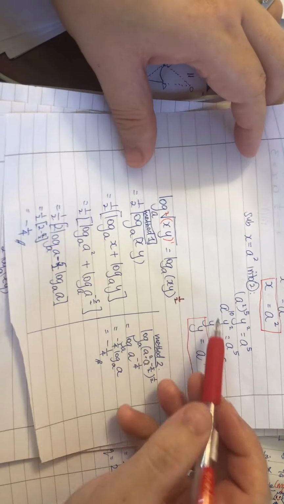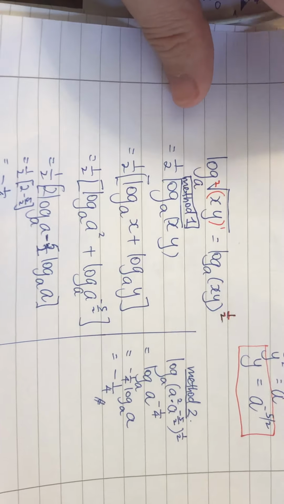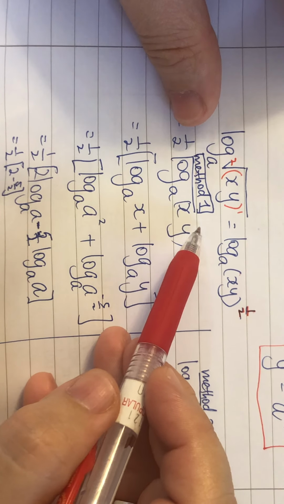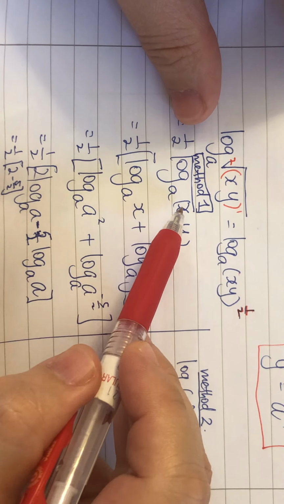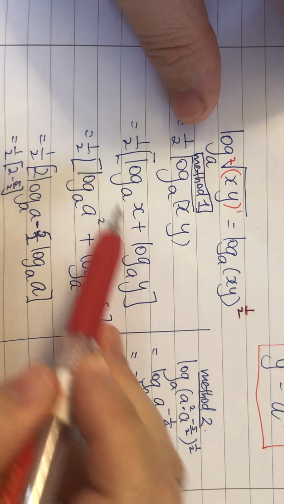Okay, now within this method, there are also two different ways to find the final answer. So the first way is I bring down the half, then log of xy to base a, I go and split it. Why split it?